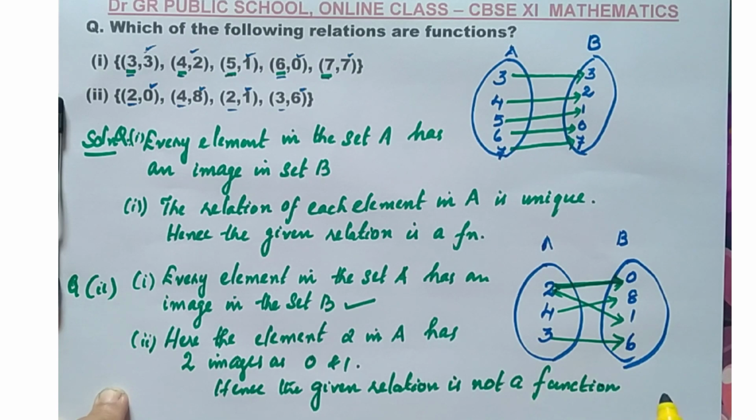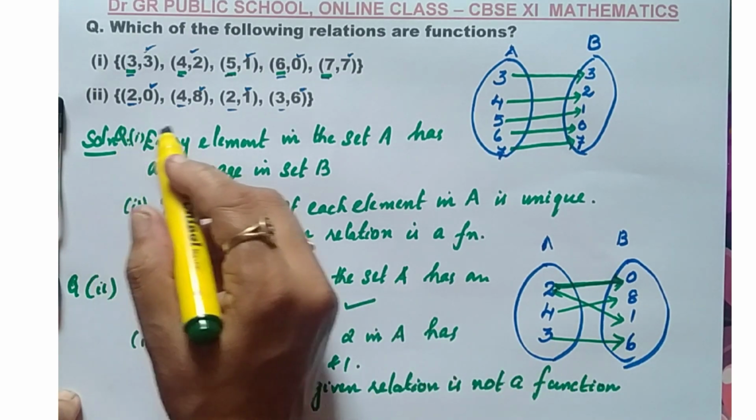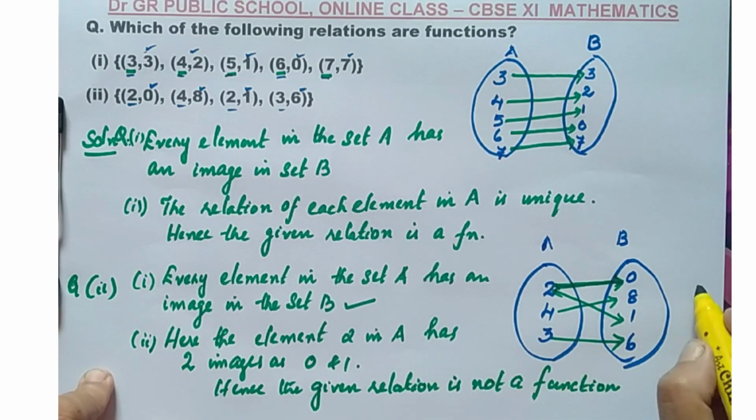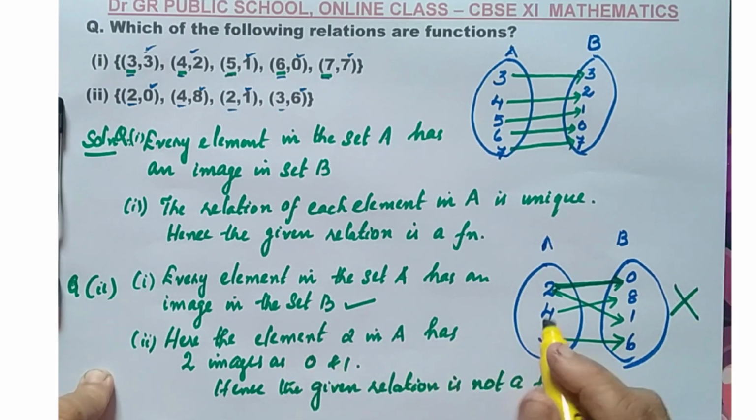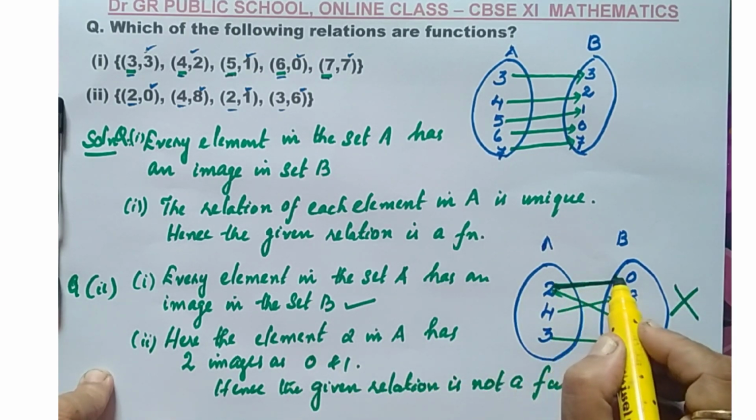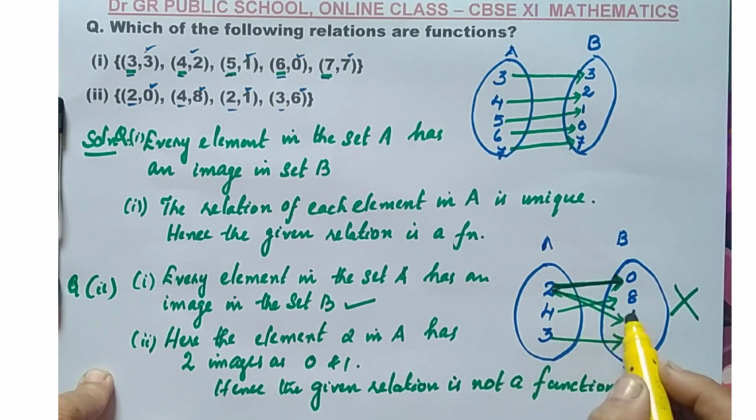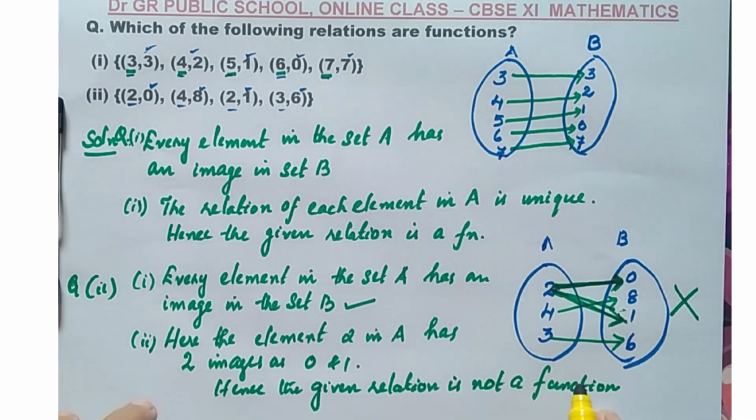Try to remember one more point from this case. Looking at the second question, you know that this relation is not a function. Why? Because the image of 2 is not unique. It has two images, that is 0 and 1.